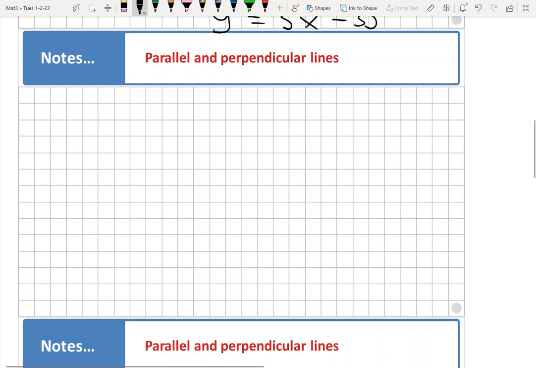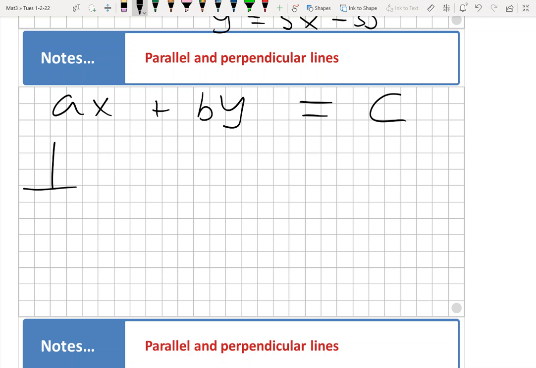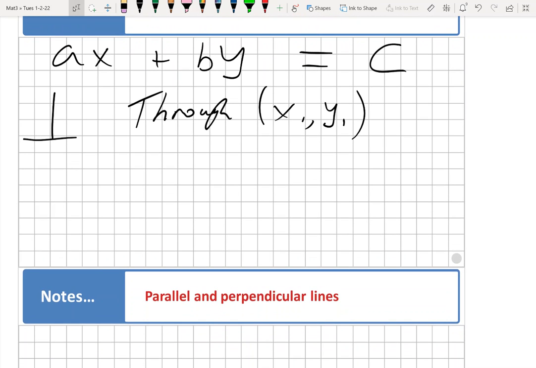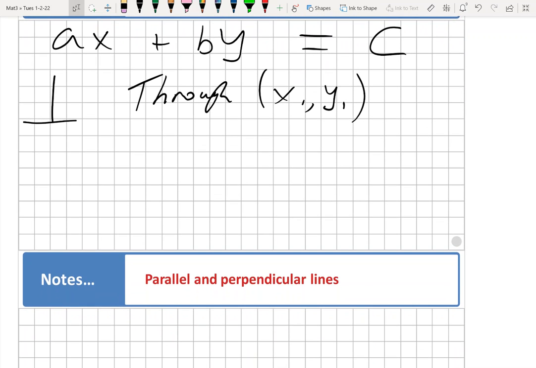Okay, what if they give us an equation of a line and they want a perpendicular line through x1 given, y1 given? Okay, well, here we did it from first principles. We got the slope, we worked out the perpendicular slope and put it all together, and we realized that all that's happening is b and a are swapping places, and so b and a, I'll just put them in yellow.